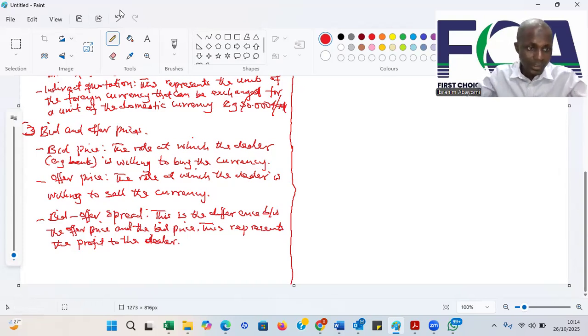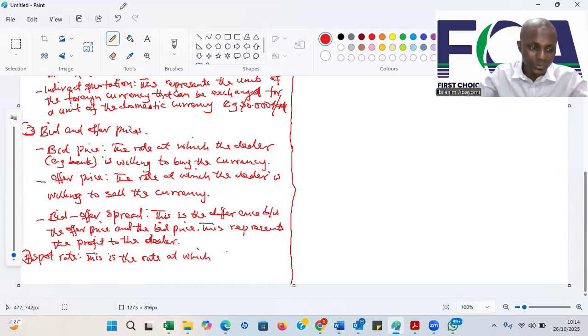Okay. Now let's talk about spot rate. Spot rate is the rate at which a transaction can be settled as of today.